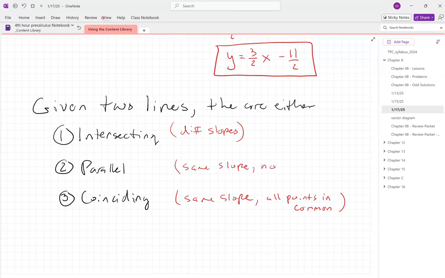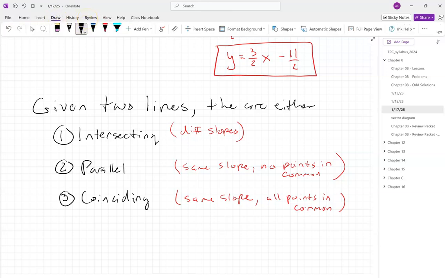That sounds less specific. Does everybody feel okay with this idea? Again, this should be relatively familiar from Algebra 1, geometry, even Algebra 2 when you solve systems of equations, you probably talk about this.